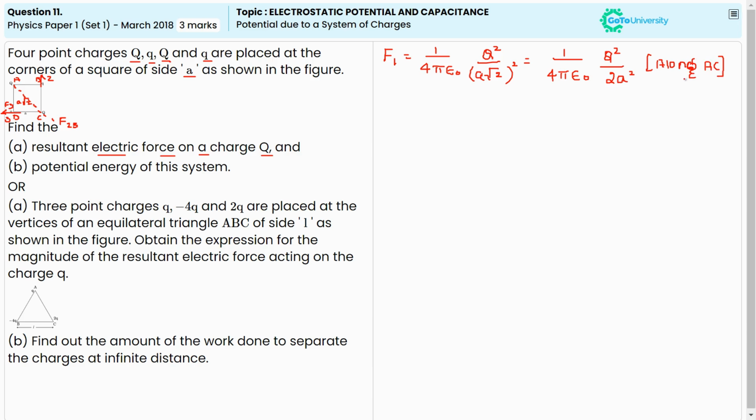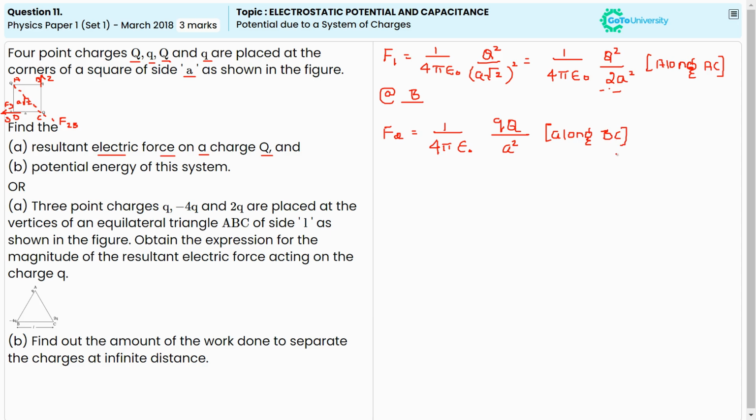And force due to the charge Q at point B, we can write it as F2 is equal to 1 upon 4 pi epsilon naught into Q square divided by a square, along BC.